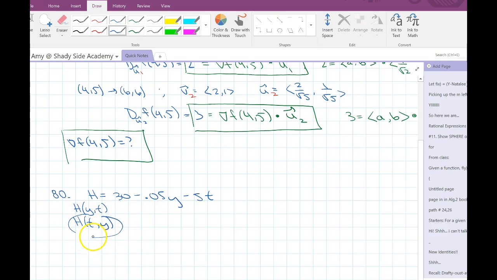The reason why is because in the question, the variable y is representing the number of miles north, so it's going to be much more convenient to label the y component as y. If you have t comma y, t is the horizontal axis, the x-axis, and y is the vertical axis.